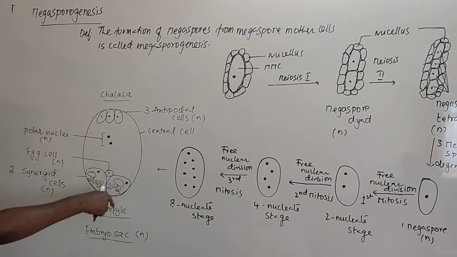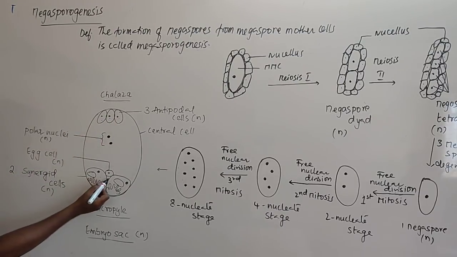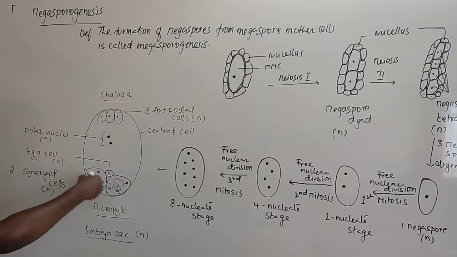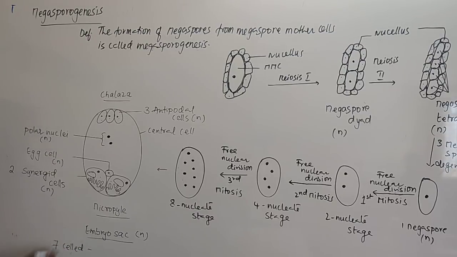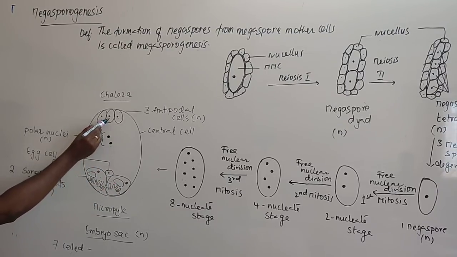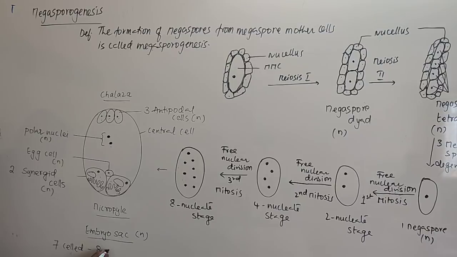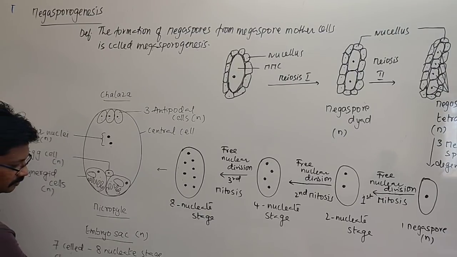So in this you will find totally 1, 2, 3, 4, 5, 6, and this large central cell, the seventh one, altogether it forms 7 cells, and there are 8 nuclei, 1, 2, 3, 4, 5, 6, 7, 8, so it becomes the 8 nucleate stage. So this is the characteristic feature of angiosperms.